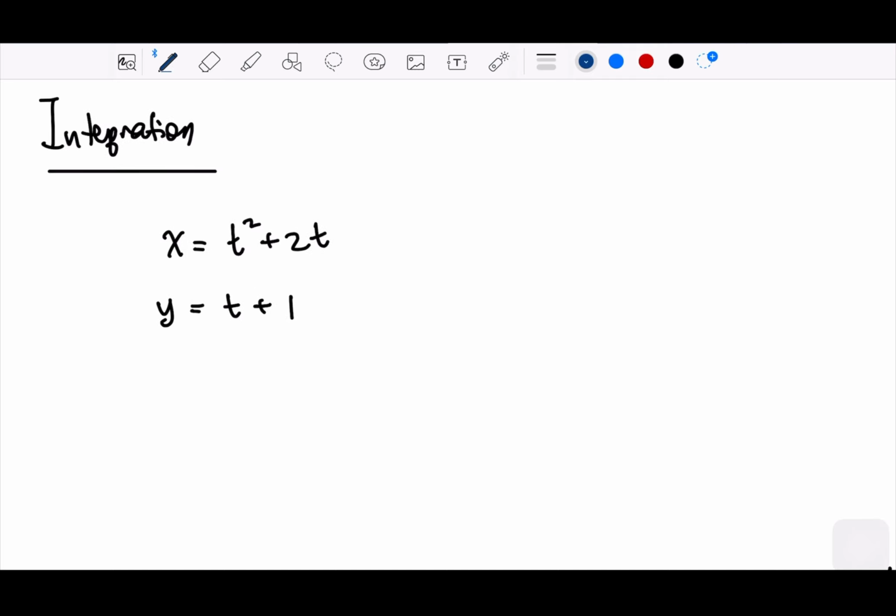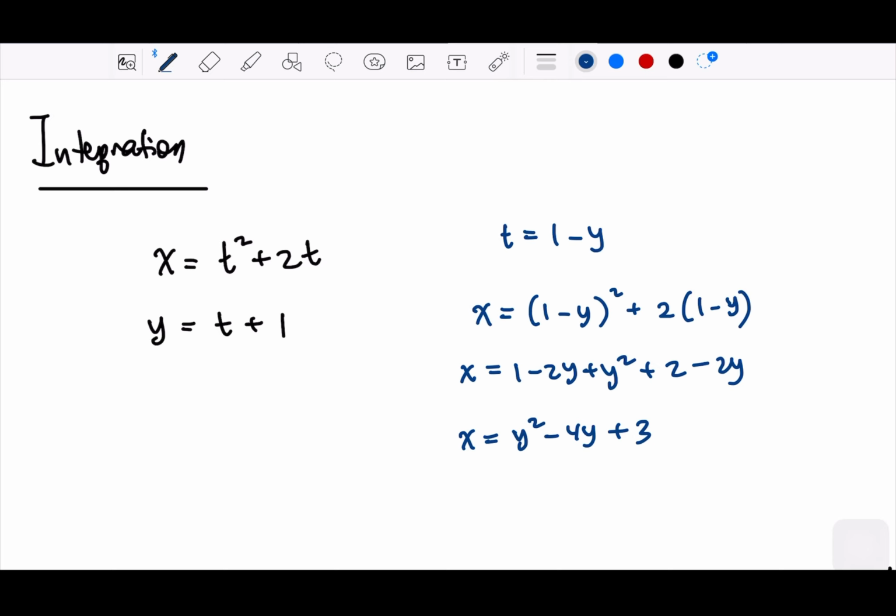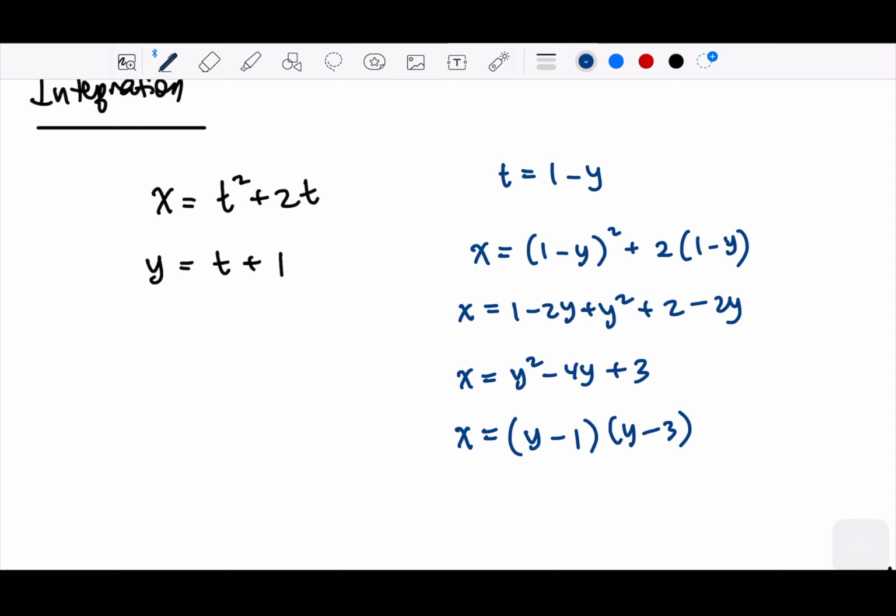Plus 3. This will be what? Y minus 1, right? Y minus 3, right? This is if we would like to try the eliminating parameter.